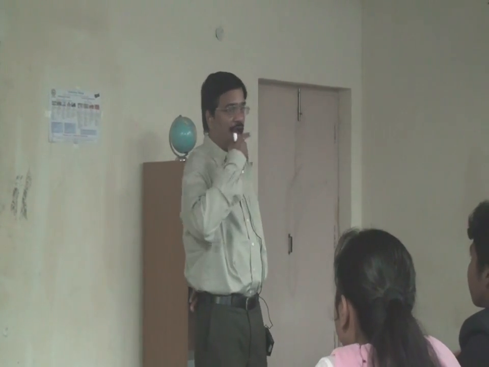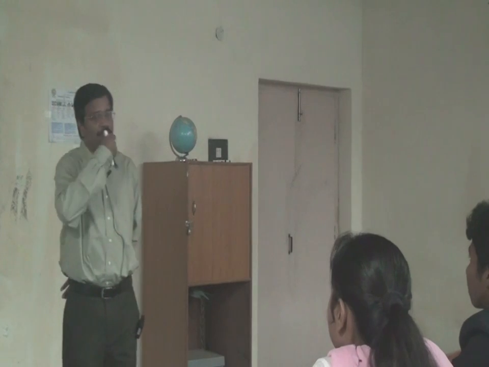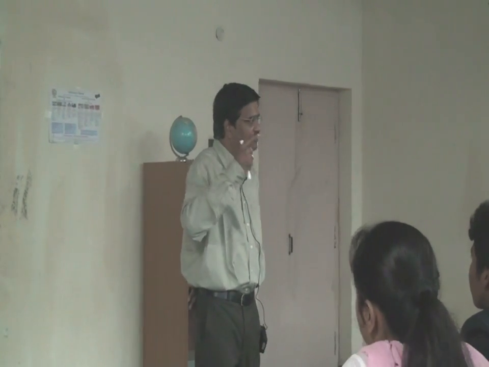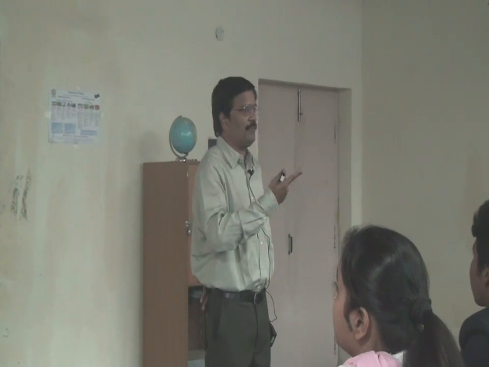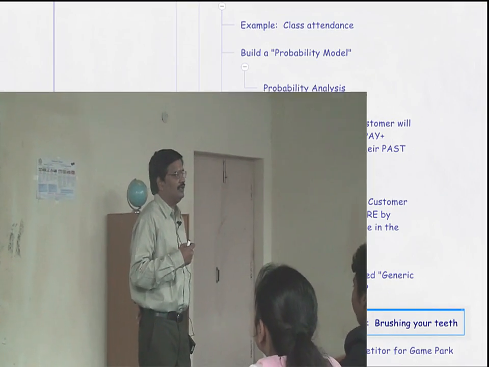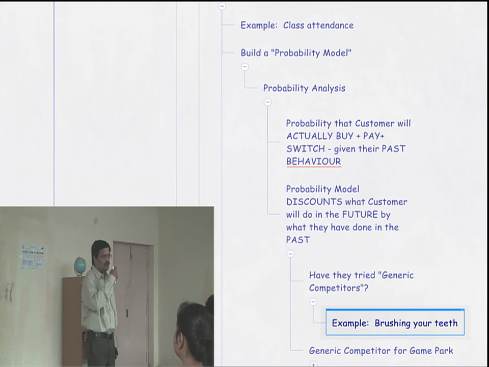Stick, hand, or brush. In India there are 3 ways of brushing teeth. So the generic competitor for brushing with a brush is also a stick. So you use a stick to brush your teeth.